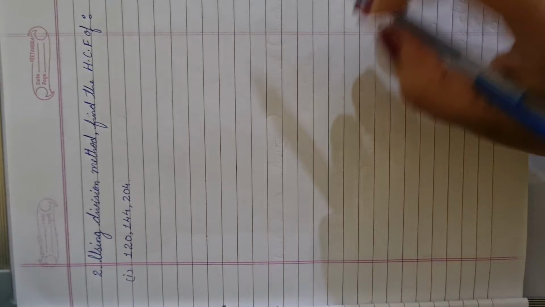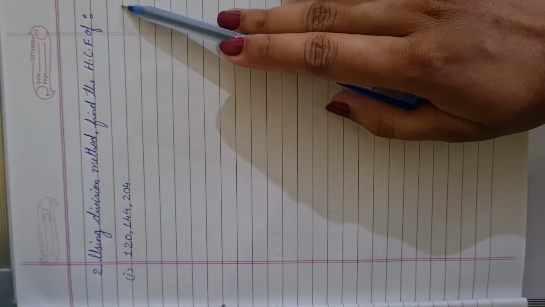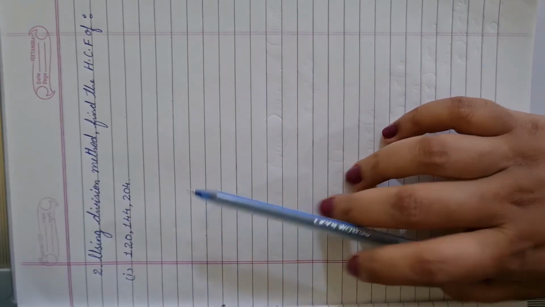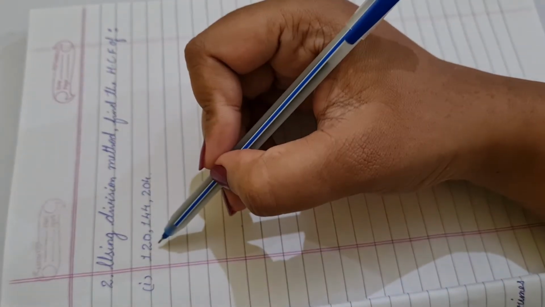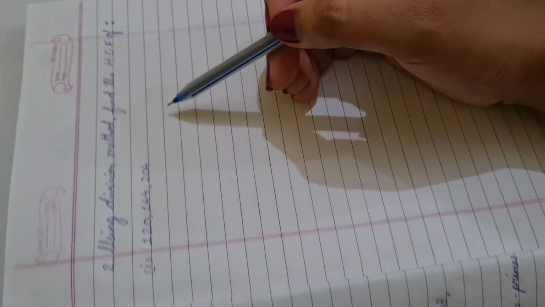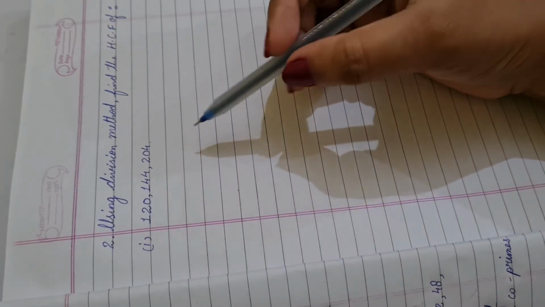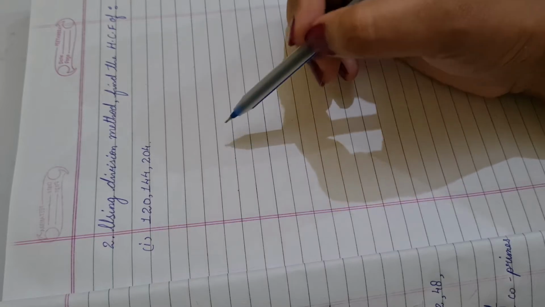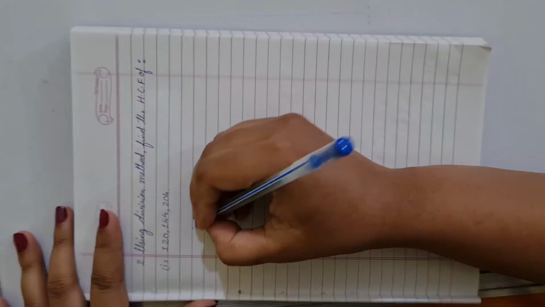Your next question is, using division method, find the HCF of 120, 144 and 204. So to solve these sums, we will start with the first number 120. We will divide 144, and whatever new divisor we get, with that new divisor we will divide 204.